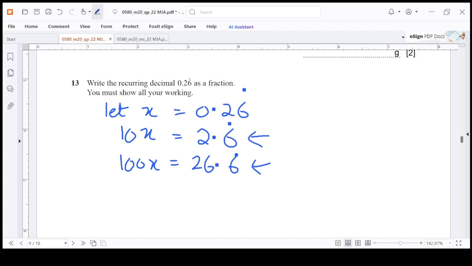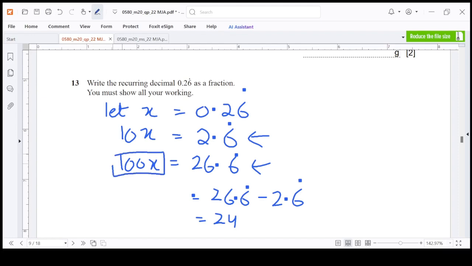So if I do 26.6666 minus 2.66666, I just get 24. And if I'm subtracting 26.666 from 2.66666, that means I'm subtracting these two, 100x minus 10x.